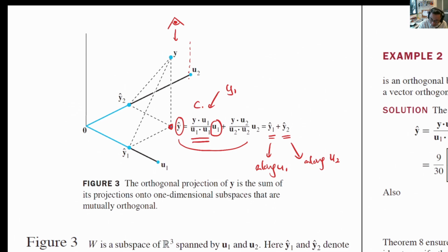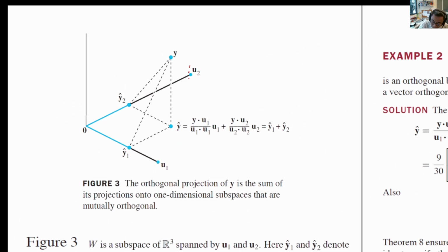We called it c1 previously, and this is c2, along the direction of u2. So this whole expression over here is y hat 2.